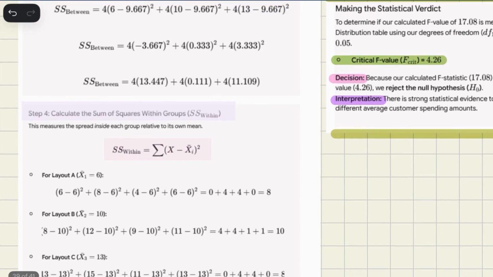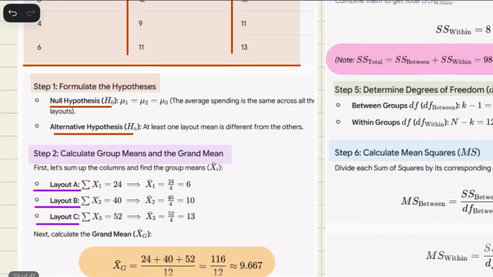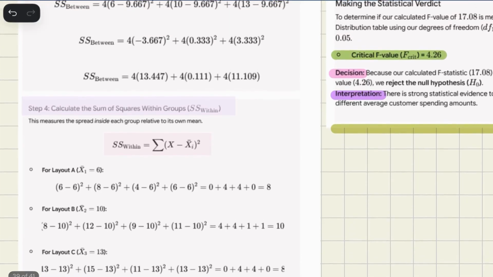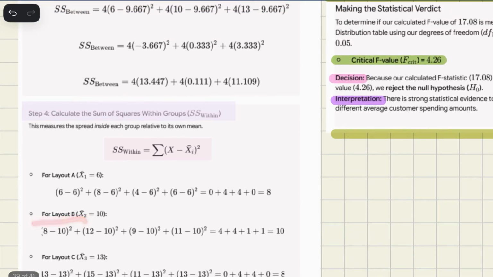For layout A, our group mean is 6. So 6 minus 6, 8 minus 6, 4 minus 6, 6 minus 6, and we square them all and find the answer. We do the same for layout B and layout C, and we get our desired answer.